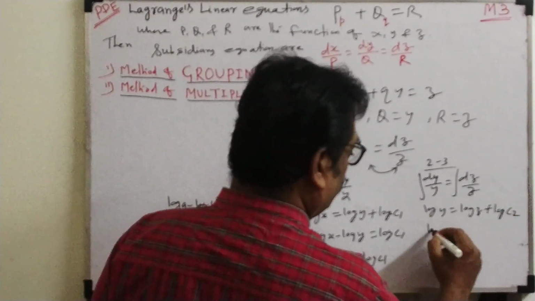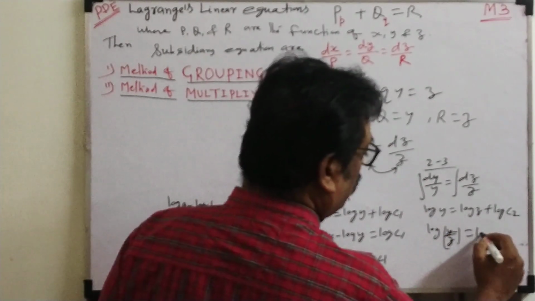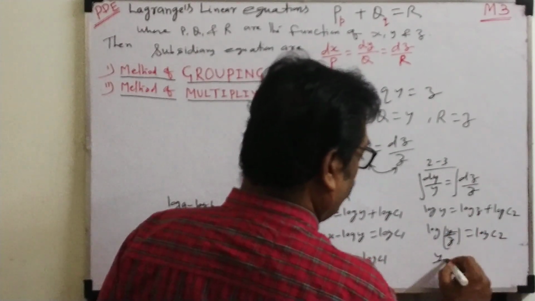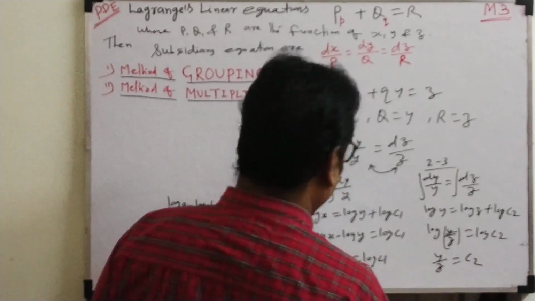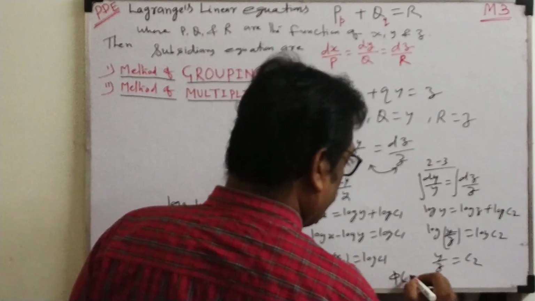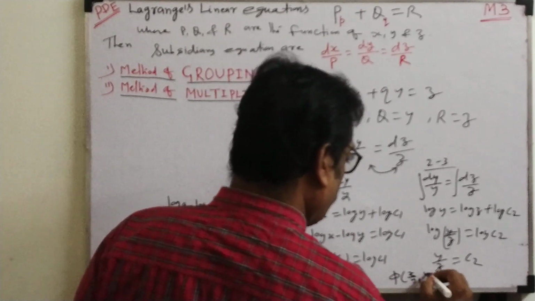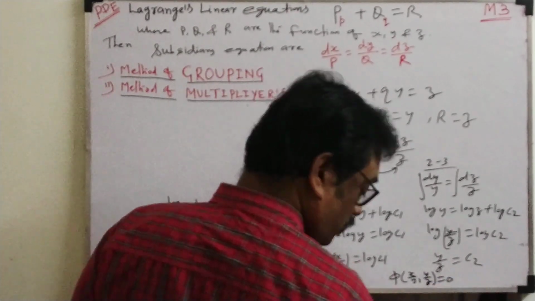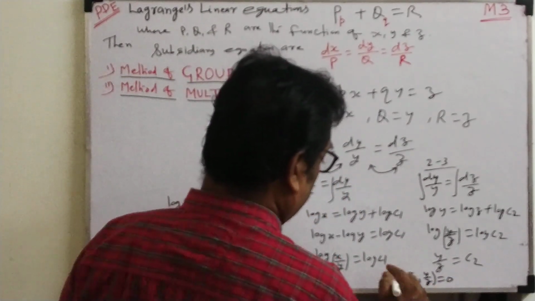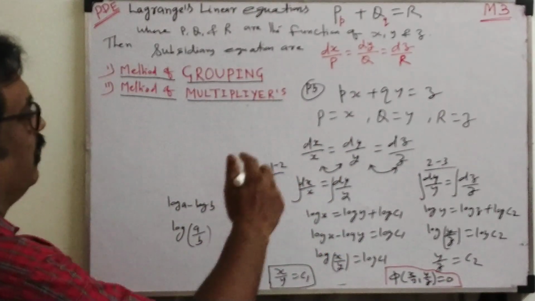Similarly we can write log y by z equal to log c2, so y by z equal to c2. Then what is the final solution you will write? You will write phi of x by y, y by z equal to 0. This is the solution of the partial differential equation for this problem.